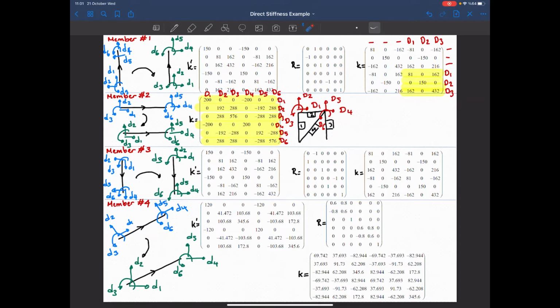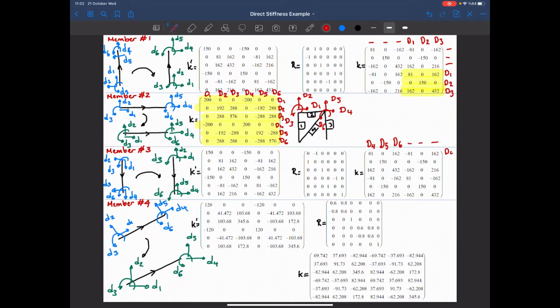Let's continue. Third member, as you see, for the third member, the first, second, and third degrees of freedom correspond to the 4th, 5th, and 6th degrees of freedom. So 1 corresponds to 4, 2 corresponds to 5, 3 corresponds to 6, and I don't have anything here.